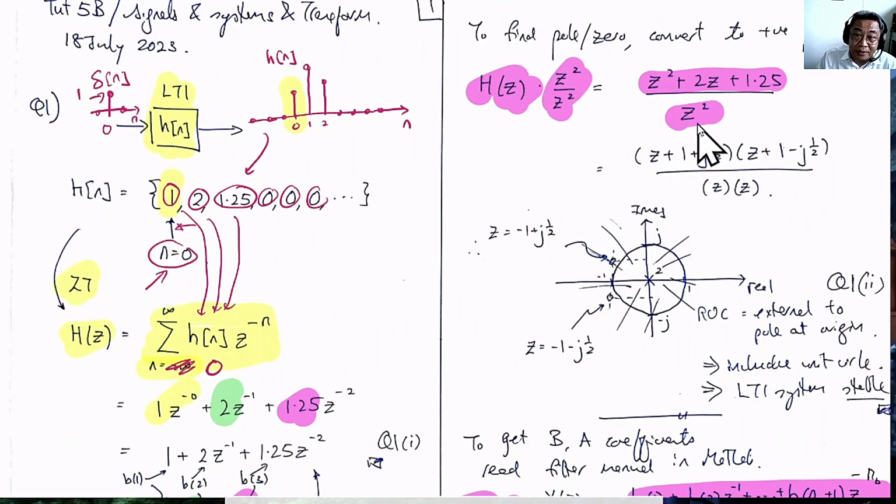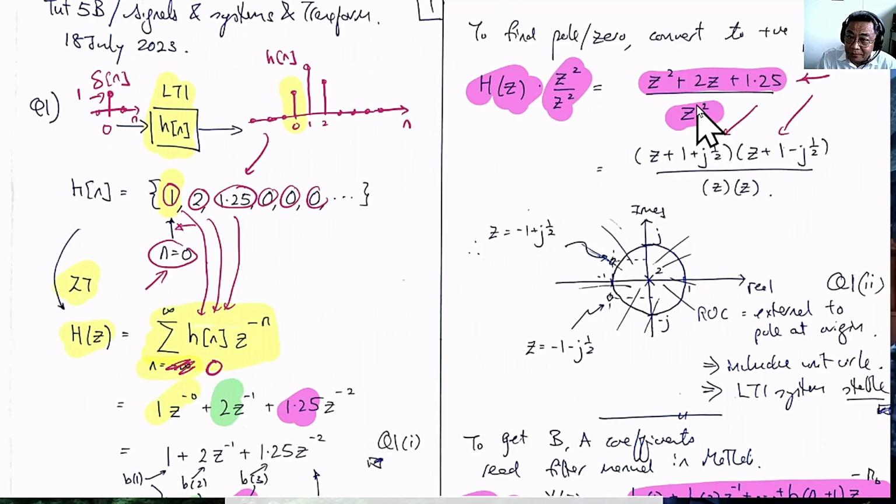We want to factor this now so that we can have the poles and the zeros of H of z. So basically we take the numerator polynomial and factor it out. So z plus 1 plus j half, z plus 1 minus j half, these two are the factors of this second degree polynomial. And what about z squared? Z squared can be broken down into z times z.